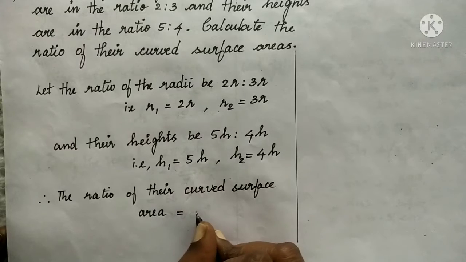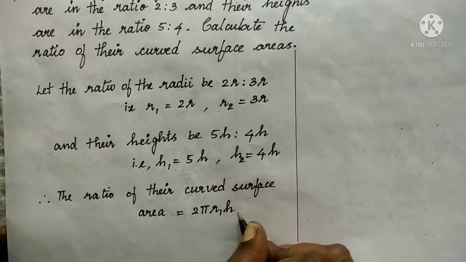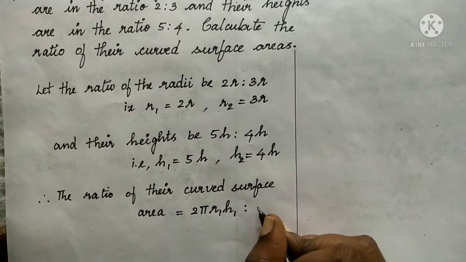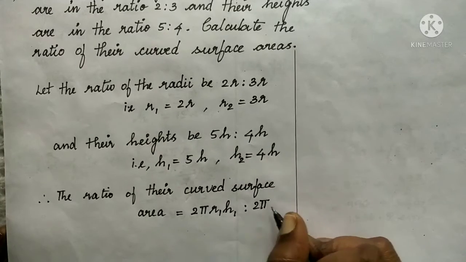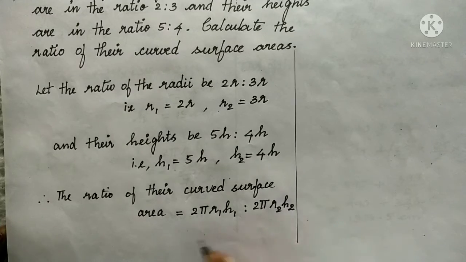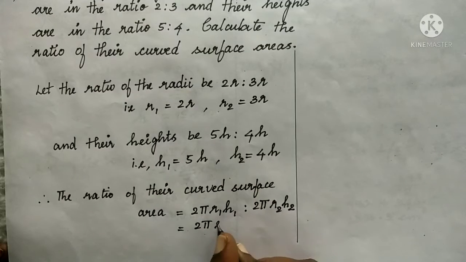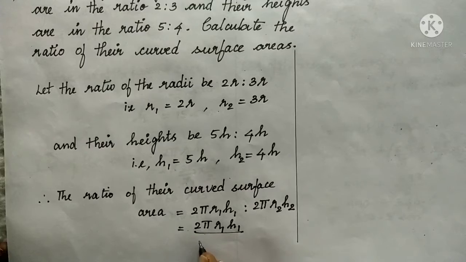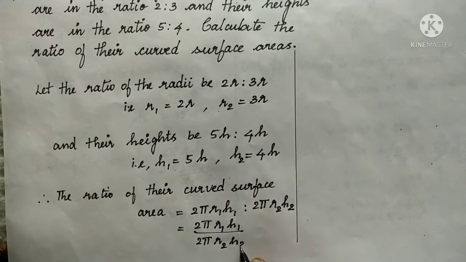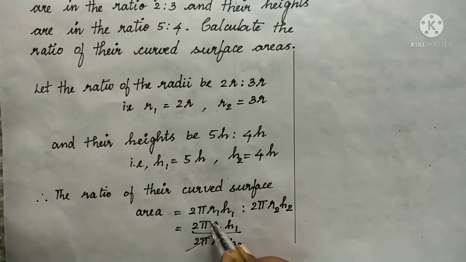equal to 2 pi r1 h1 is to 2 pi r2 h2. Write this as 2 pi r1 h1 divided by 2 pi r2 h2. We'll cancel 2 pi and 2 pi.